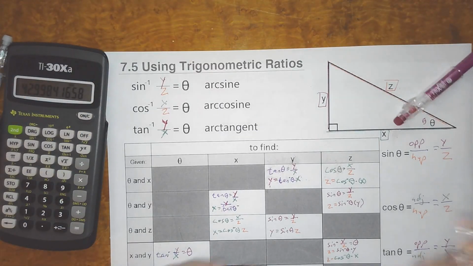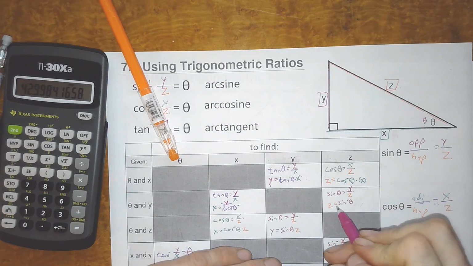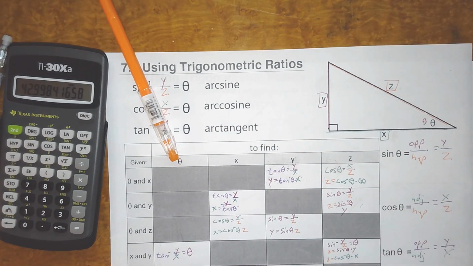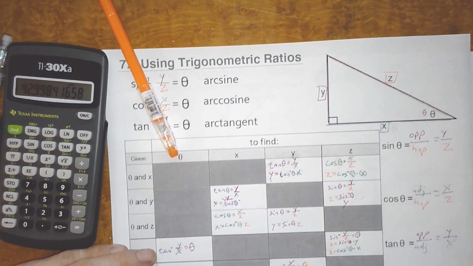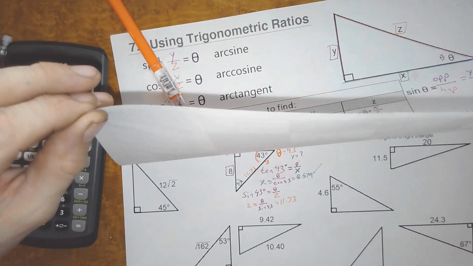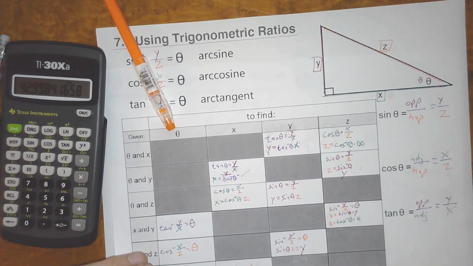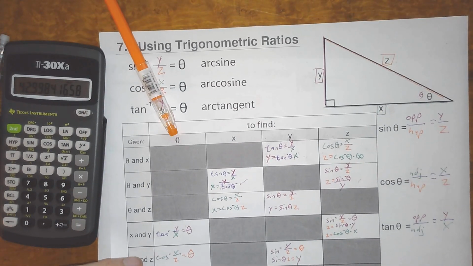Z, well, this should be z divided by y. Oops. Divided by y. All right. I did that one right, though.